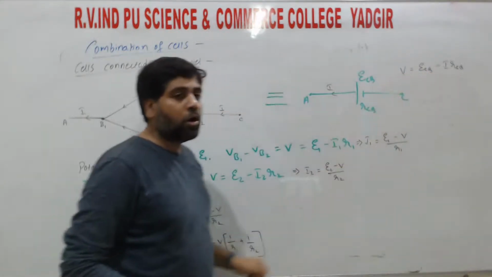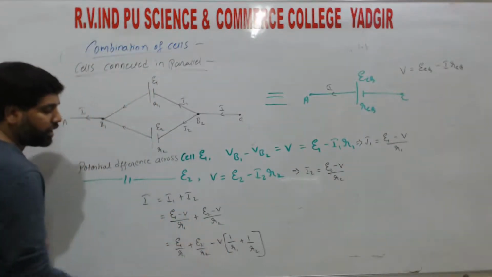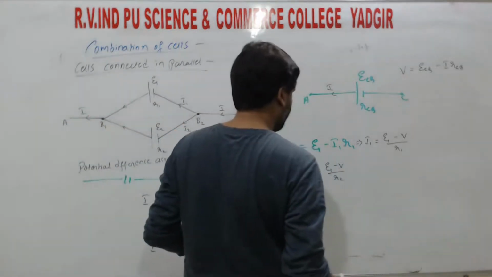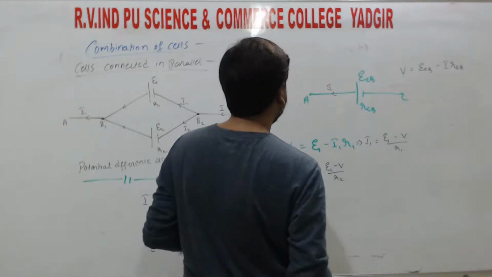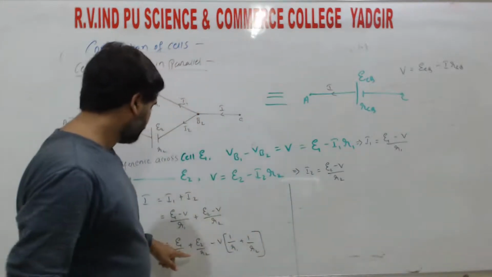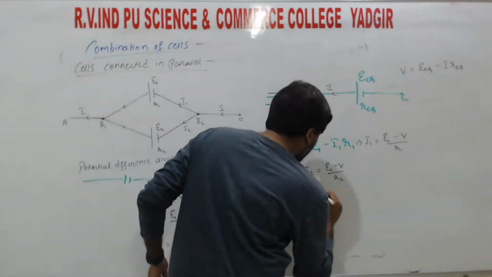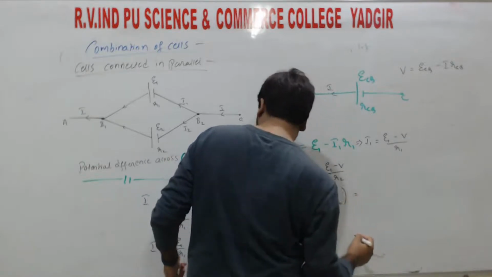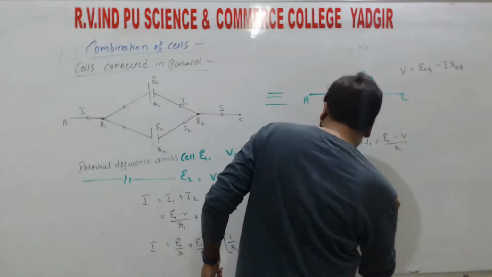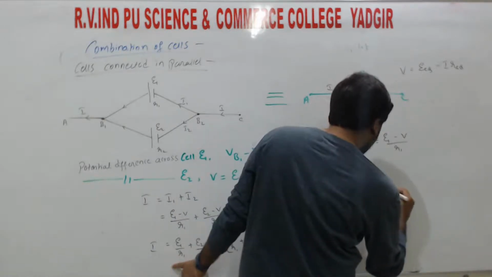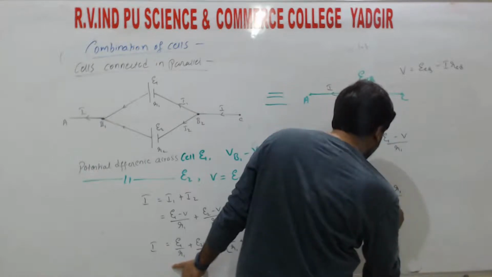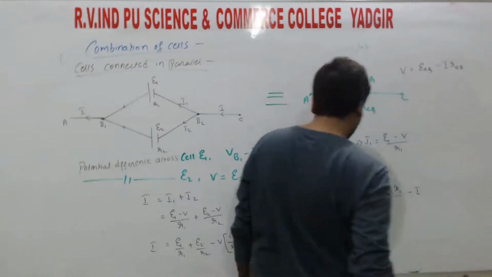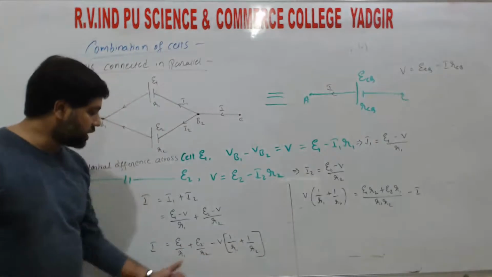So we need to relate it to the potential V, right? By taking V to the LHS and simplifying, V into 1 by R1 plus 1 by R2 is equal to, taking the LCM, E1 R2 plus E2 R1 by R1 R2, minus I. So that means rearranging the terms here.